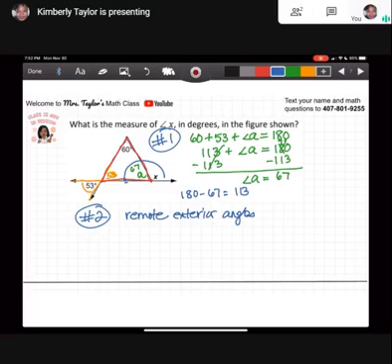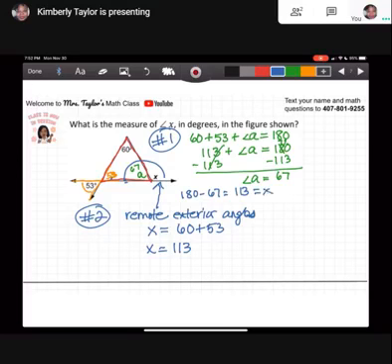If you know about remote exterior angles, you can look at this and know that X is a remote exterior angle. So the value of X is the value of the two remote interior angles of 60 and 53. So you know that X is going to equal 60 plus 53, and so you'll get 113 as well.